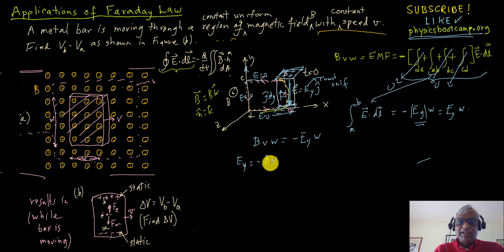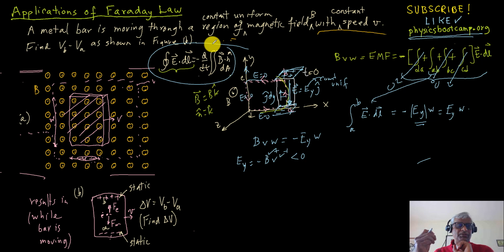EY is negative, B is positive, and this is positive, which means this is less than 0, so it's pointed in the opposite direction of Y. So this law already gives you what you learned from Lenz's law. Lenz's law is not separate from this. This negative sign is already included in Faraday's law.